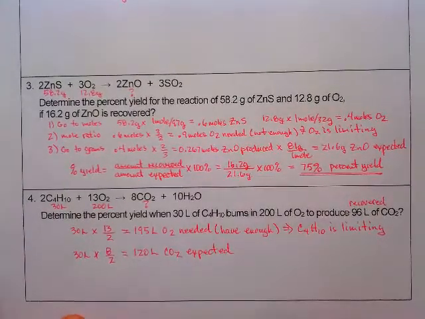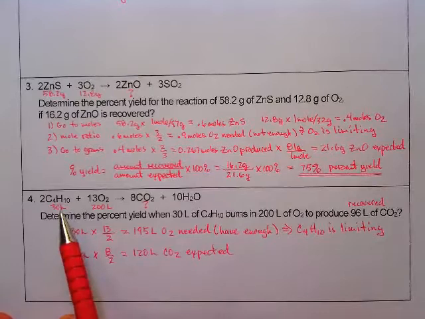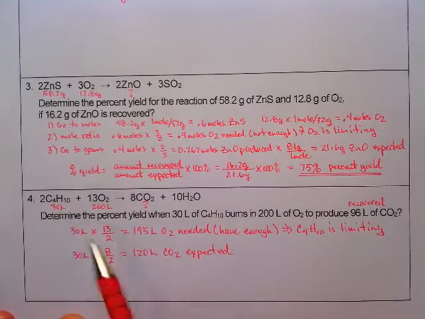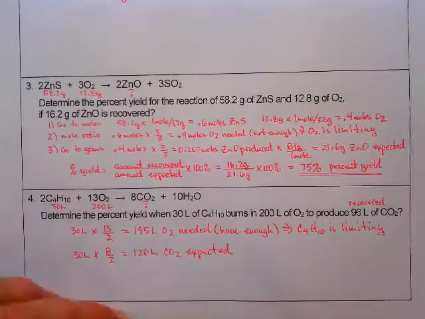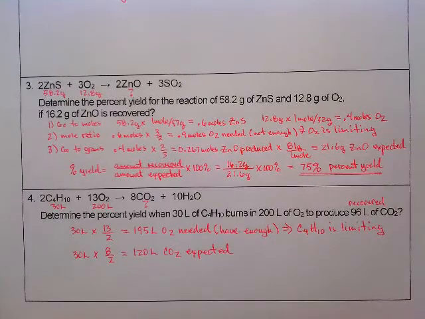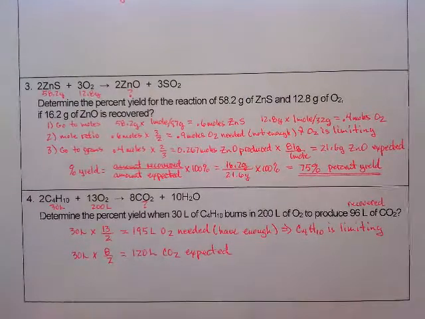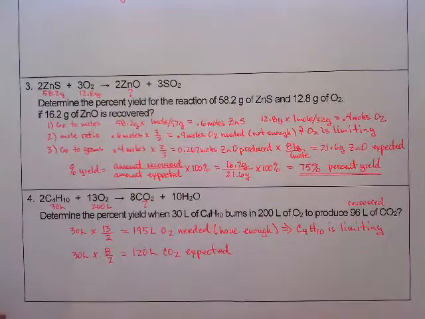Again, the idea is if I'm using all 30 liters of C4H10, I should produce 120 liters of CO2 if basically everything went perfect. Unfortunately, I only produced 96 liters.